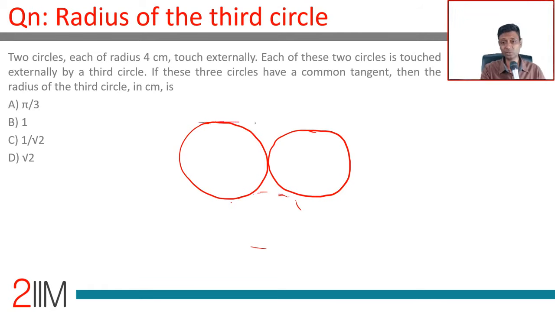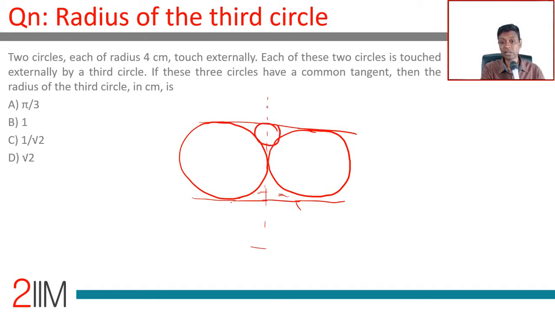Common tangent to these two, either this or this, or the tangent in between. Three common tangents. We have to draw a third circle for whom one of these lines also happens to be a tangent. In other words, we are being asked to draw a circle like this.